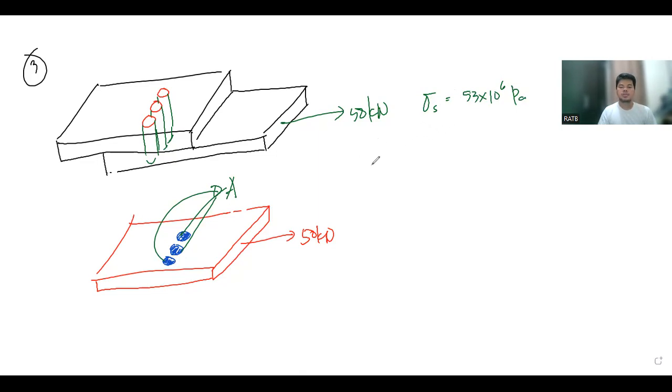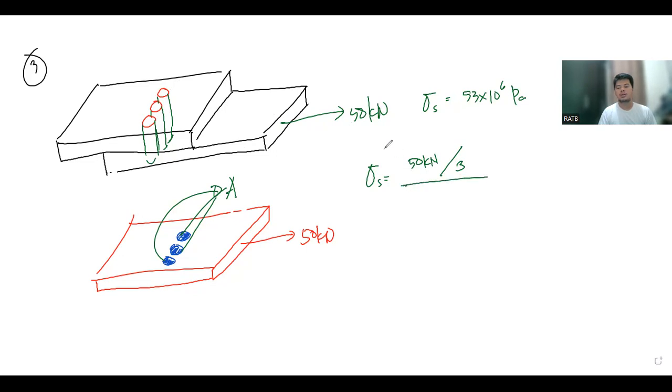We then say that the shearing stress is equal to the force, that's 50 kilonewton, but we have to divide it by 3, because it's mentioned that the force is equally distributed in each of the rivets.